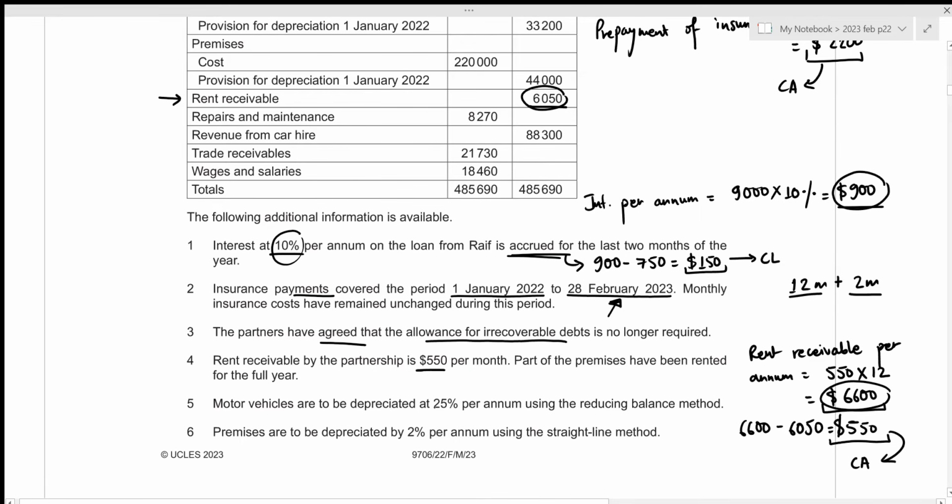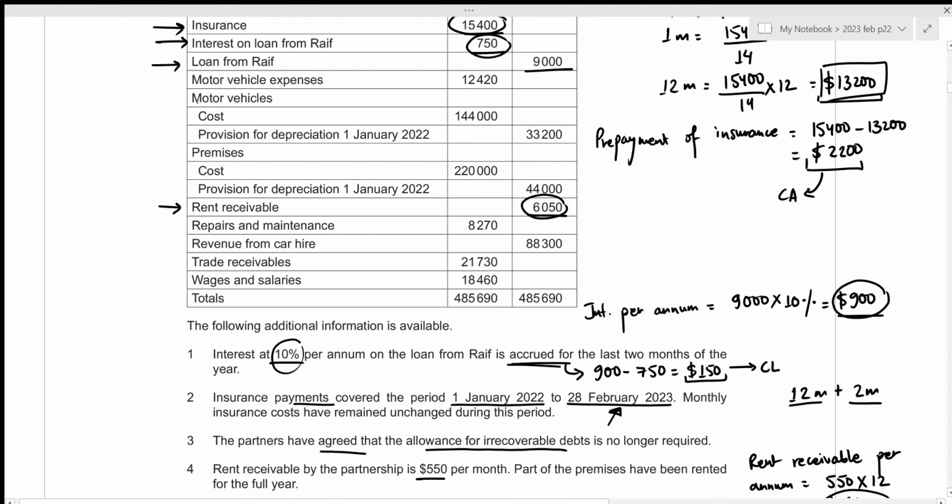Now, motor vehicles are to be depreciated at 25% per annum using the reducing balance method. In the case of the reducing balance method, our formula for the depreciation charge is net book value times our rate, right? Motor vehicles is given right here. We have our cost as well as the provision for depreciation, and our net book value is just the difference between these two.